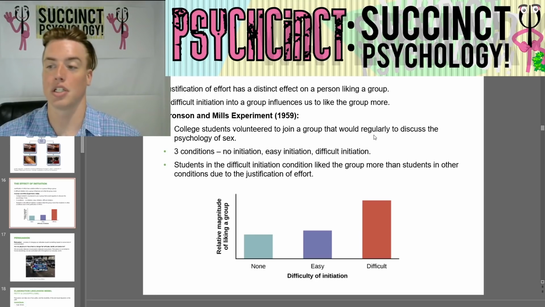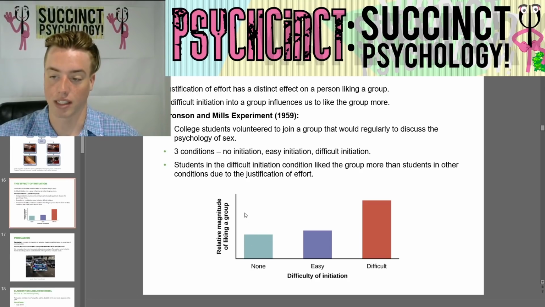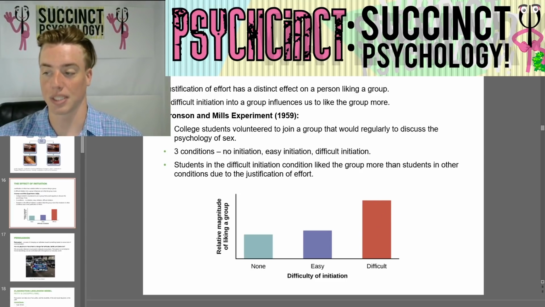Students in the difficult initiation condition liked the group more than students in other conditions due to the justification of effort. Here you can see the relative magnitude of liking a group. None was the lowest, easy was a bit higher, but difficult initiation led the participants to be much more positive about the group.